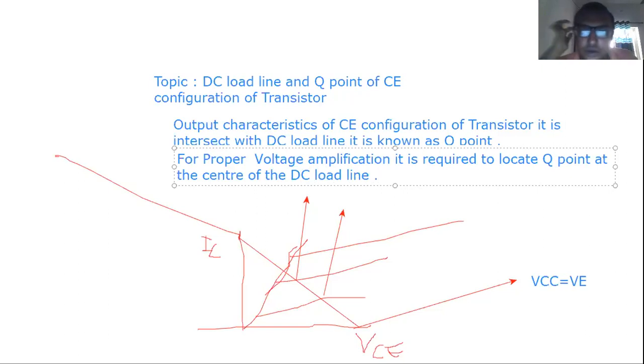At proper voltage amplification, it is required to locate the Q point at the center of the DC load line. So it is the requirement of the Q point.